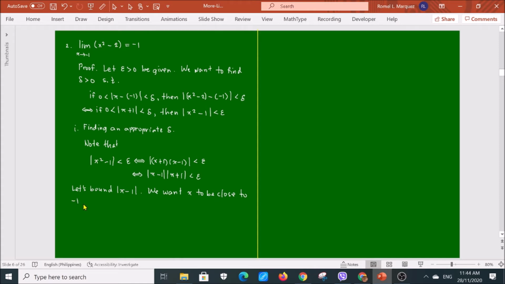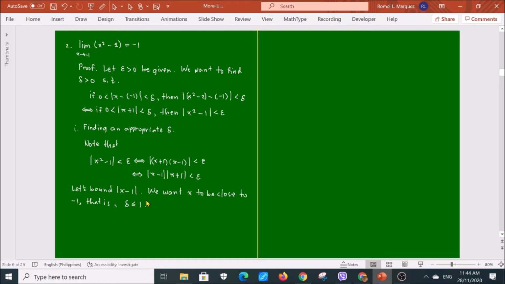We want the interval to be centered at negative 1, and when you add a certain delta to negative 1 to the right, and subtract it from negative 1 to the left, that is within 1, the difference. So we want our delta to be within this.